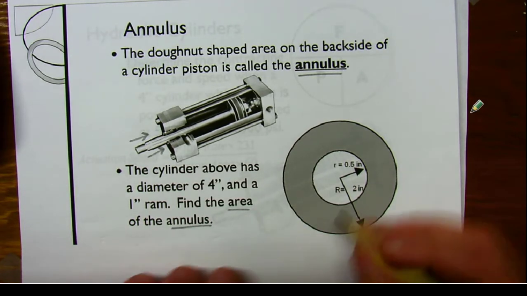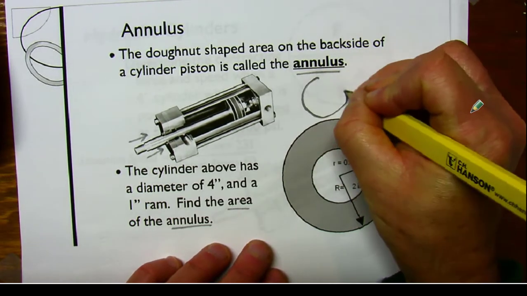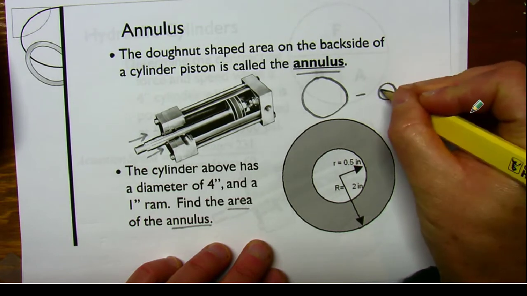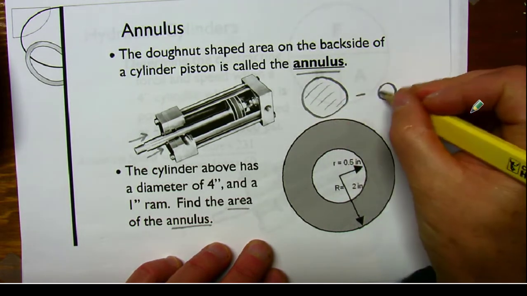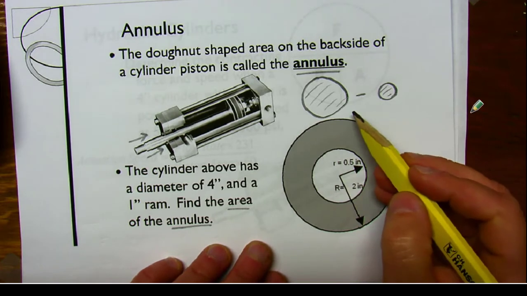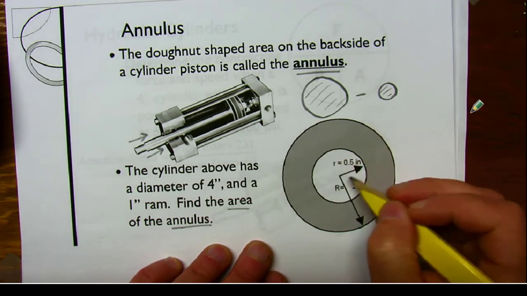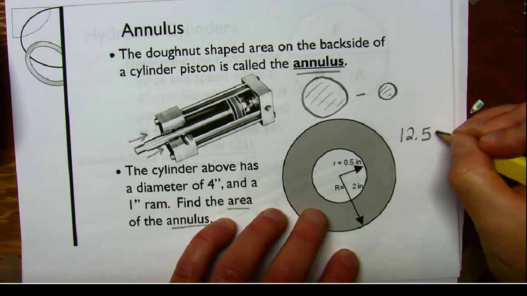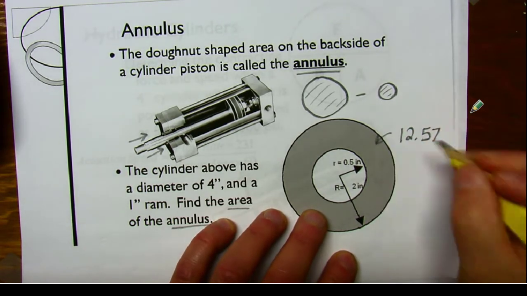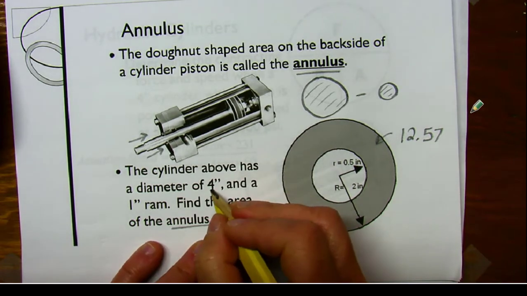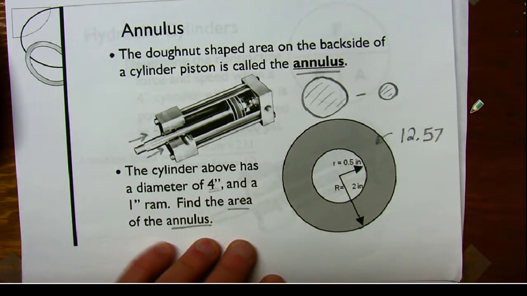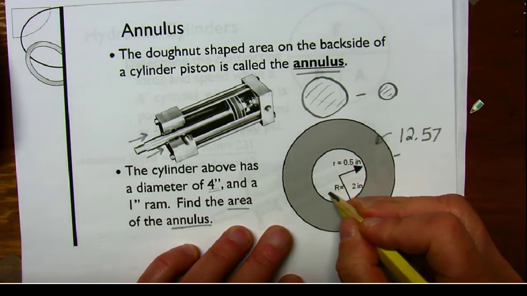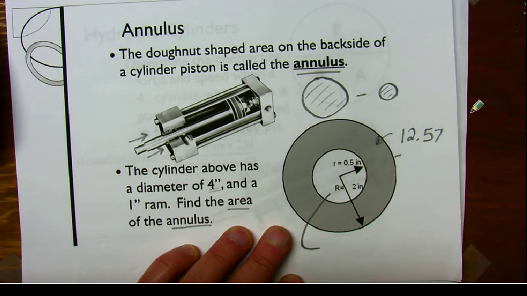What we need to do is take this whole piston, and then subtract out that hole in the middle. We already know what the whole piston was: 12.57. We did that in the previous example, with a diameter of 4 inches. But now we need to subtract off the area of the place where the ram attaches.